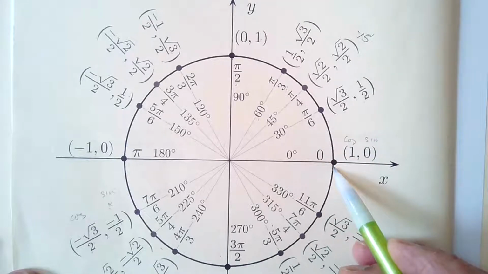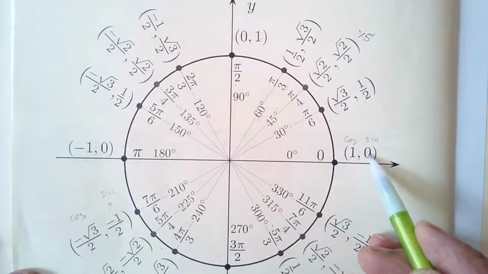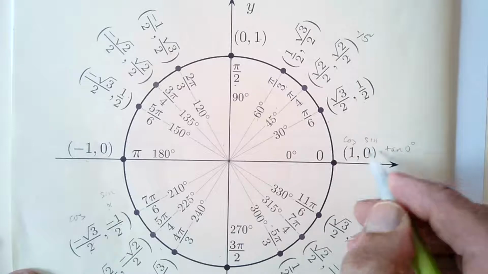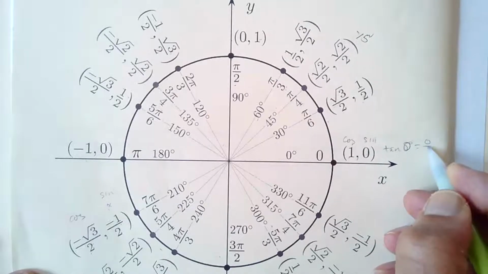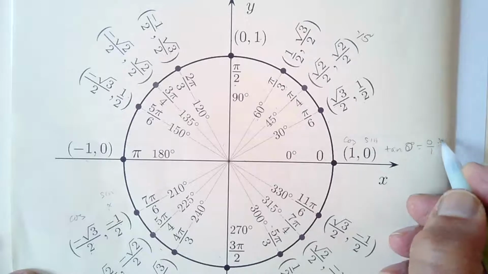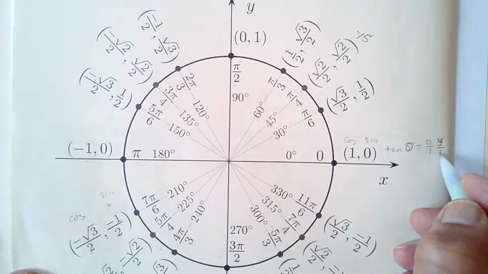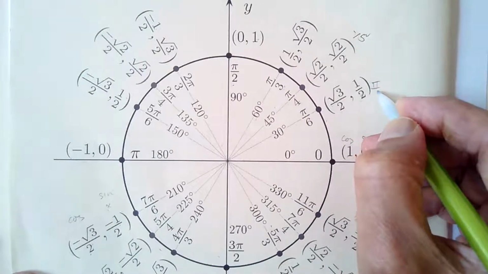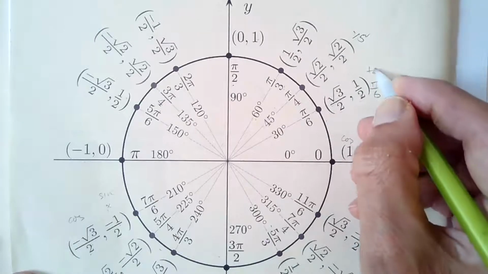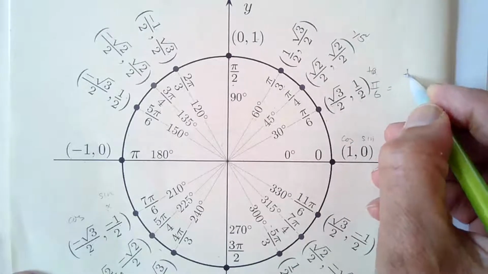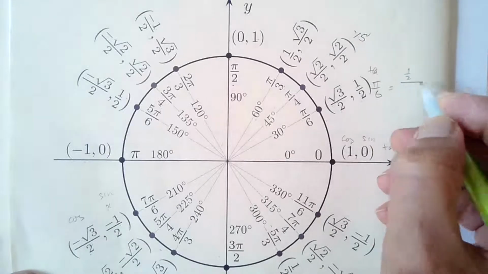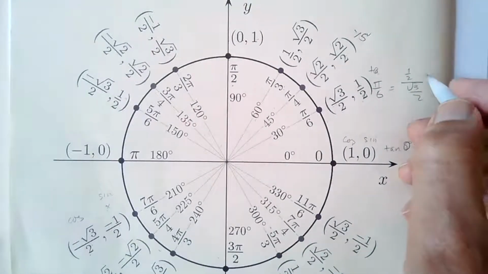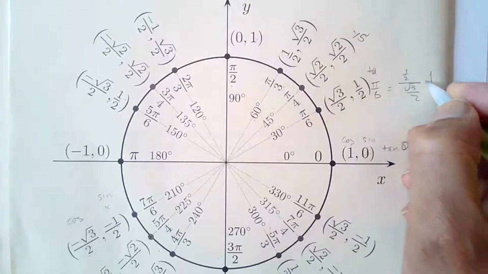But if you look at tan of 0, it is 0 over 1. So tan of 0 degrees, or 0 in radians, is 0 over 1, which is y over x. So for pi over 6, tan is a half divided by root 3 over 2, which works out to be 1 over root 3.